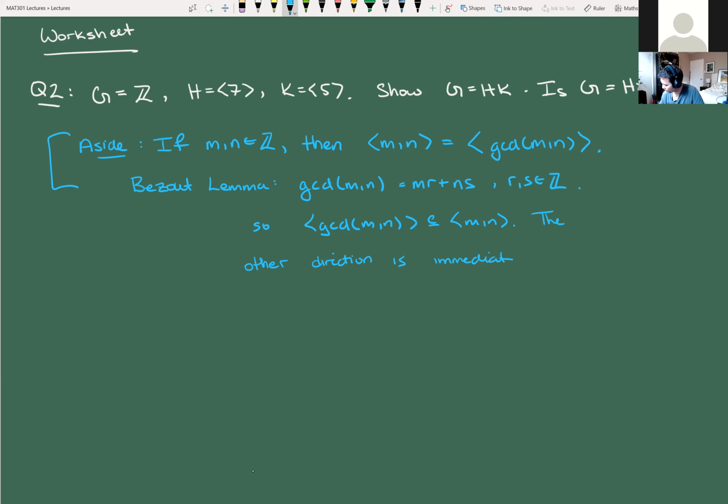Just convince yourself that it's true. Everything in the subgroup generated by M and N looks like MR plus NS for some R and S. And so, all you have to do is scale the GCD to get anything that you want. So the other direction is immediately true.